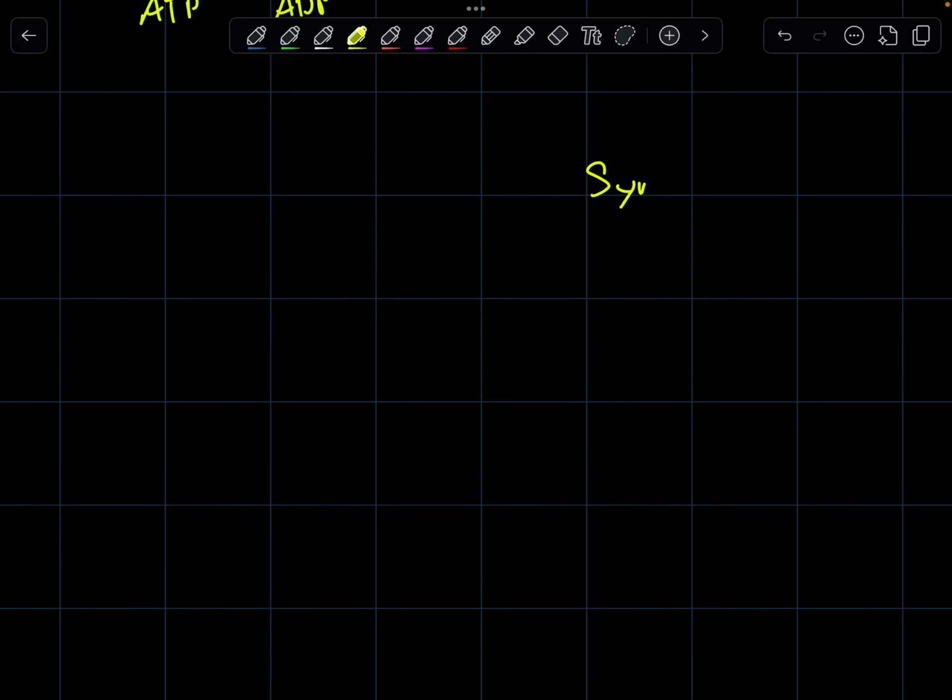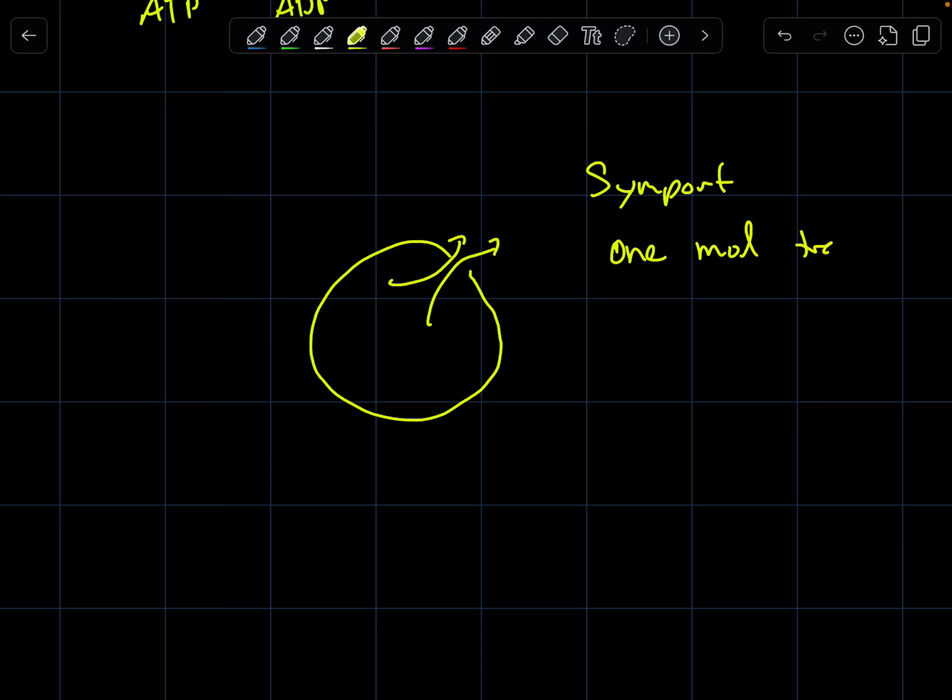So symport, as in the name, it says that they will travel together. So we always got to remember secondary: one molecule travels against, and one molecule travels with the gradient.